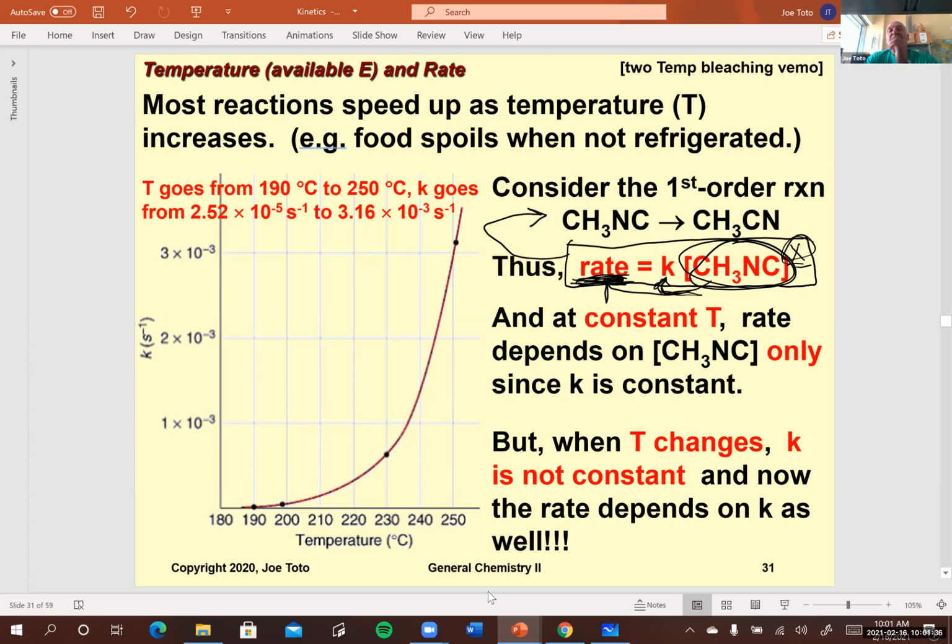If you change the reaction environment so that the surface area is different, then K will change. If you add a catalyst, K changes. Or if you change the temperature, K changes. So we mentioned that K is not a constant with temperature usually, unless it's a 0th order reaction.